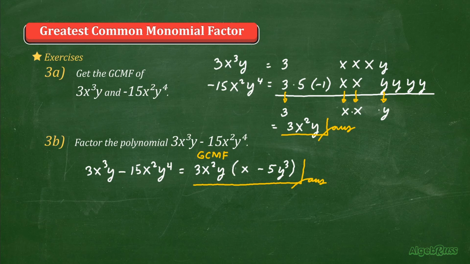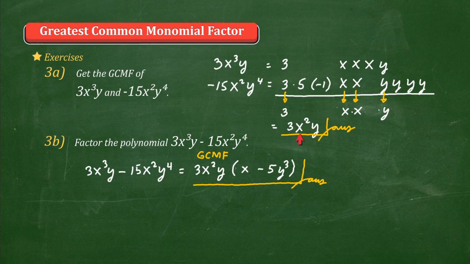Let's go back to the process of prime factorization here. Looking at the numerical coefficient of the GCMF, which is 3, well, it can be solved mentally by some. No faster technique there. You can do it faster by practicing. Let's focus on the literal coefficient of our GCMF instead. Observe the first variable x.